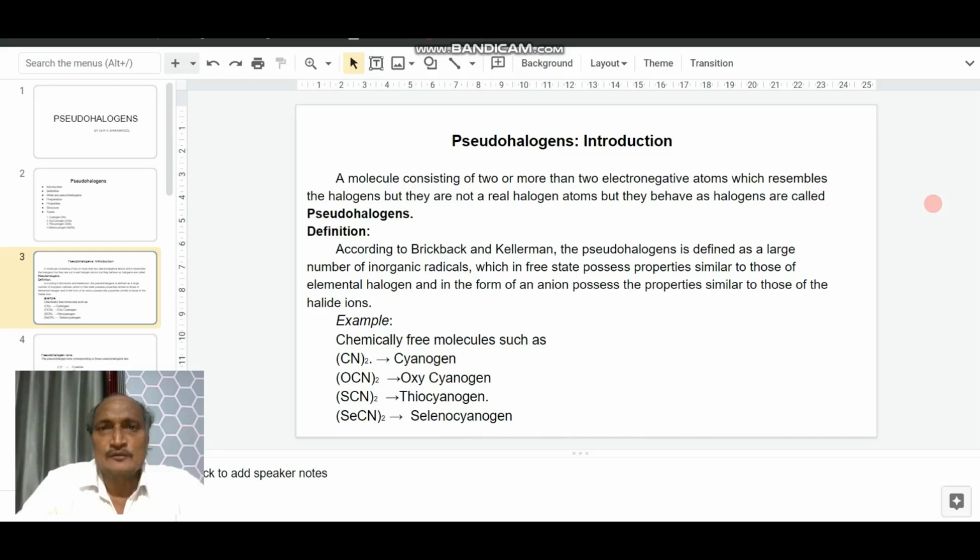Such molecules or a group of ions are considered as pseudohalogens.